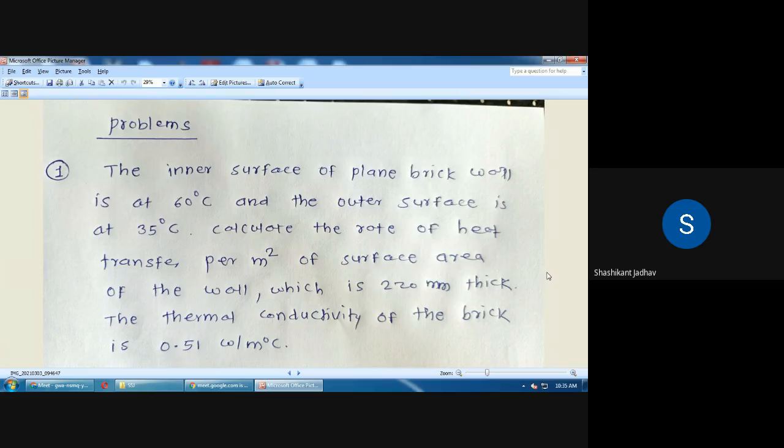Write down first problem. The inner surface of a plain brick wall is at 60 degrees Celsius and the outer surface is at 35 degrees Celsius.